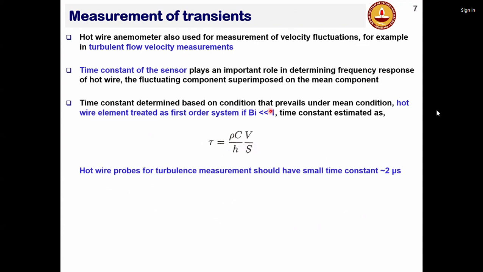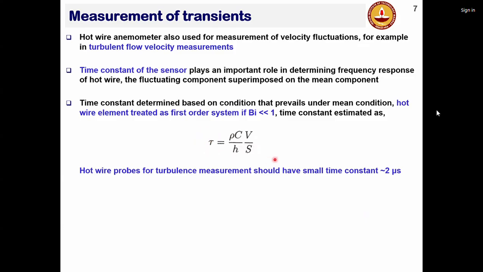Electronics is much improved to capture that kind of signal; microsecond scale signals can always be captured. But what is important is that thermally, it has to be that quick. That means the thermal capacitance and other parameters have to be appropriate so that the time constant becomes really, really low.